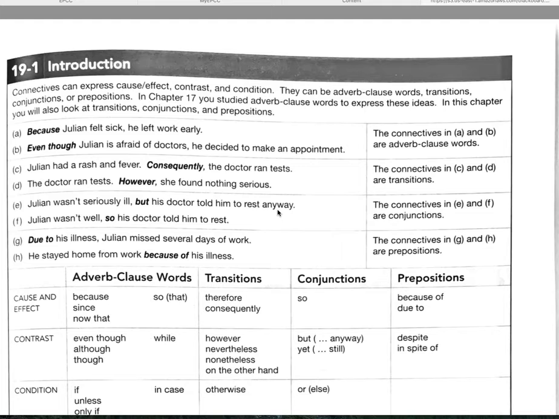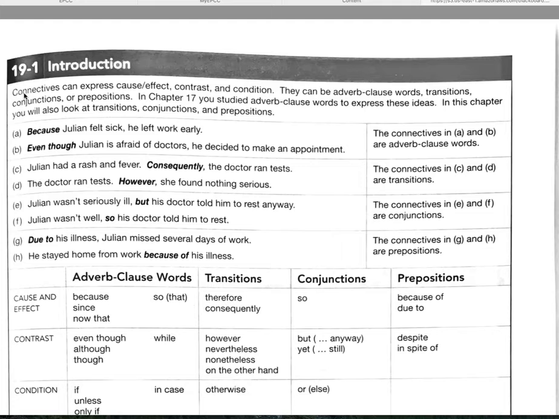In this chapter, we will be talking about connectives that express cause and effect, contrast, and condition. So on chart 19-1 on page 405, if we look at the top here, it says connectives can express cause, effect, contrast, and condition.